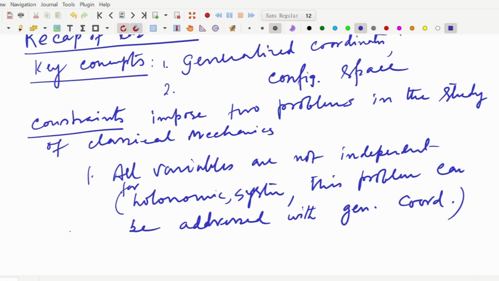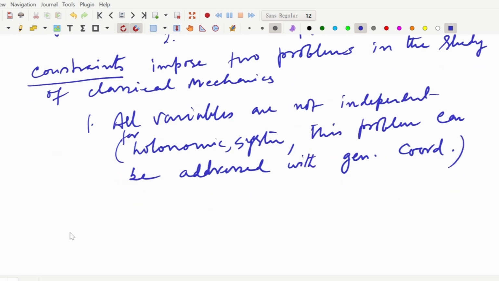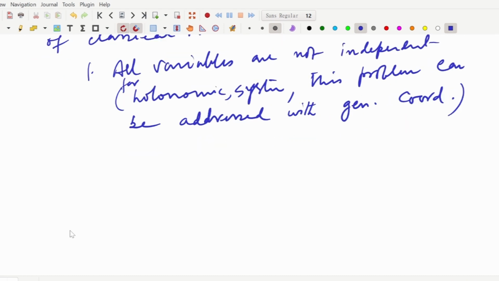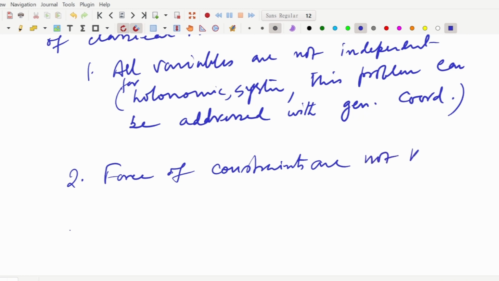Now the second problem is the more serious problem, and that is the topic of study. The second problem is that the forces of constraint are not known a priori.